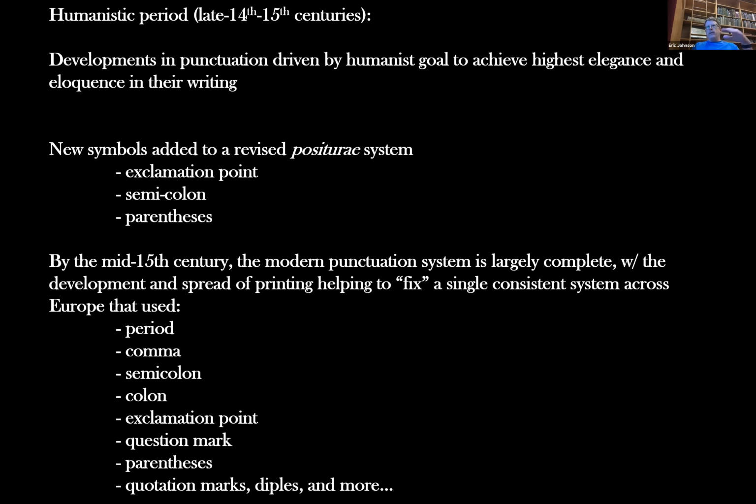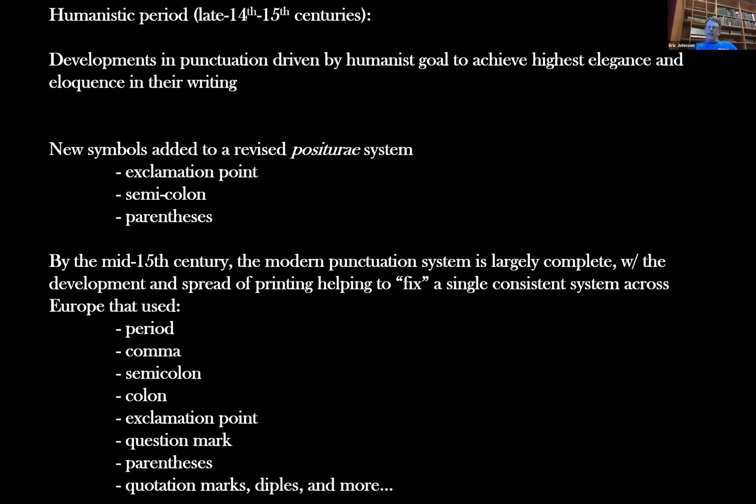So if we step back to Scriptura Continua for a second and think about that as a neutral text where the ideal is that the reader or the reciter is supposed to assign the punctuation and the stops in breath and the rhythm and the nuance, we have a reader-imposed system of punctuation.